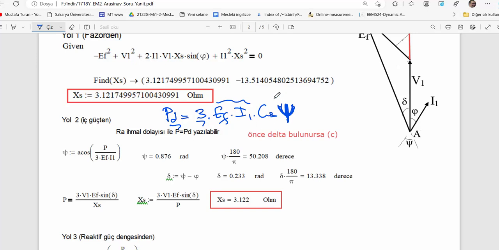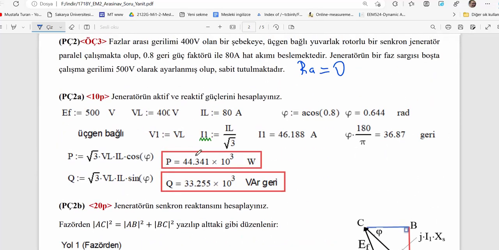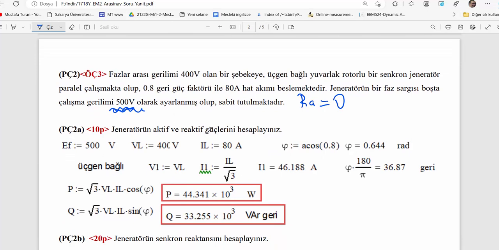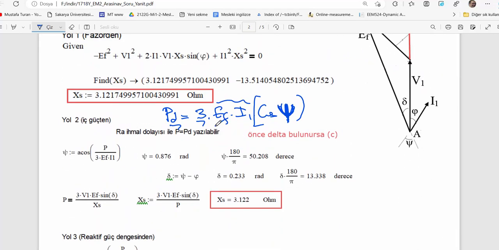But you don't know psi. You know EF. It is kept constant during the operation. So, you know EF. You know I1. It is given as I line, 80 amps. It is equal to I1. You know this. So, psi can be calculated from this equation.